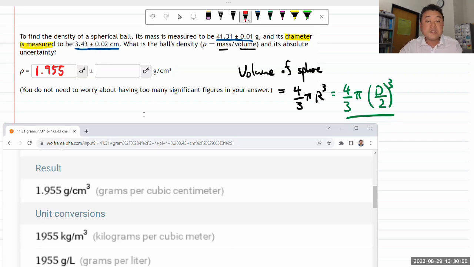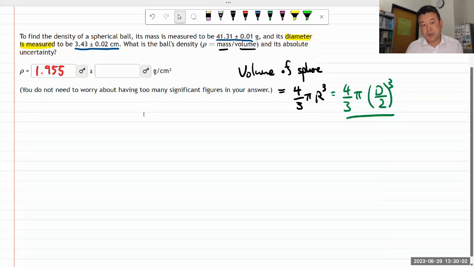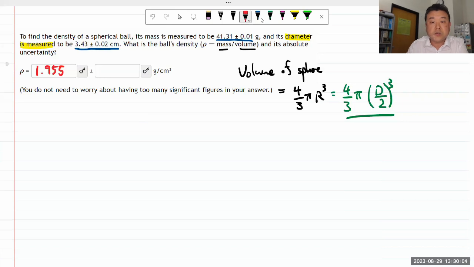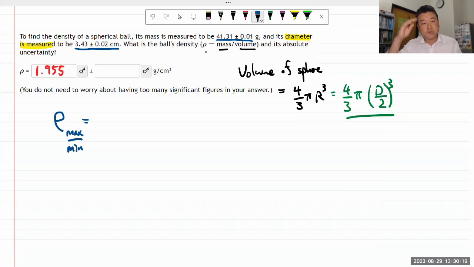So conceptually, the simplest way is to simply calculate, well, what is going to be my maximum density within this uncertainty. Or this doesn't have to be maximum; it can also be minimum.